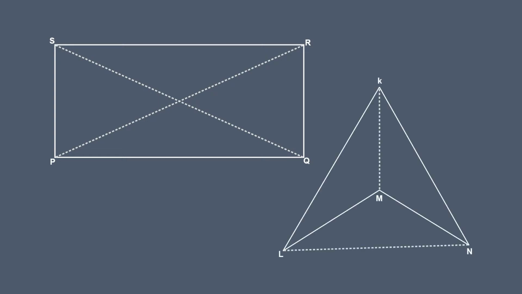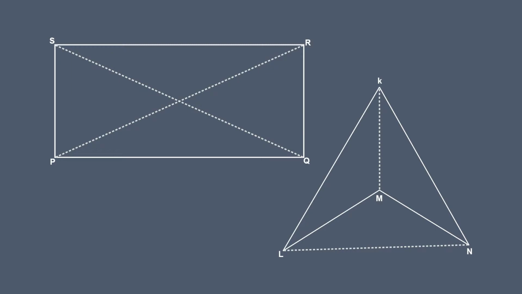Now consider the quadrilaterals PQRS and KLMN. Do you find any difference between the quadrilaterals PQRS and KLMN? Yes, based on the diagonals. Right, exactly.